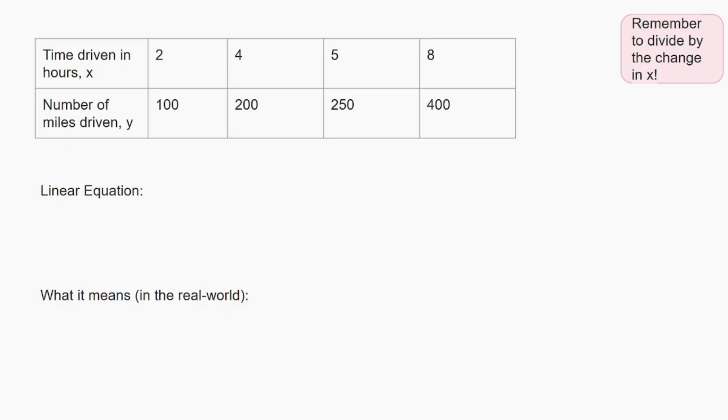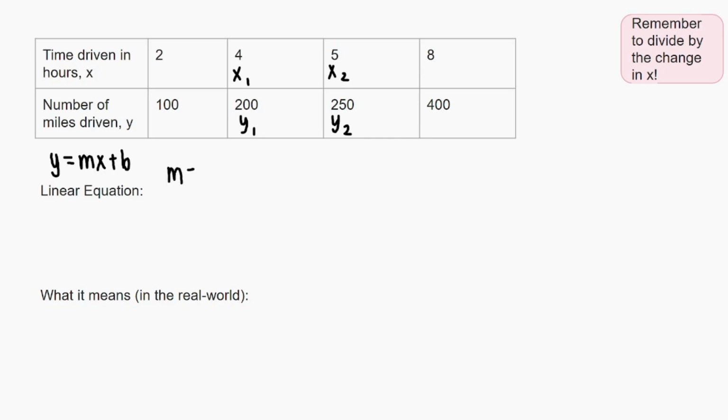Our next problem is about the relationship between the time driven in hours and the number of miles driven. Like last time, it's still a linear equation, so we're looking for something in the form of y equals mx plus b. We can choose any 2 points, so we'll do x1, y1, and x2, y2. Let's find the slope.